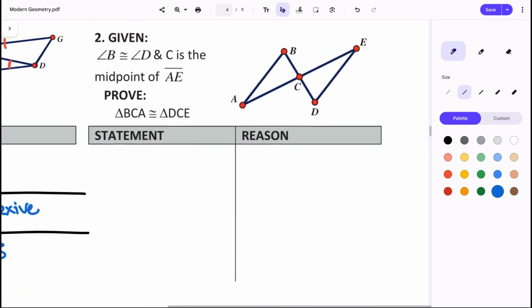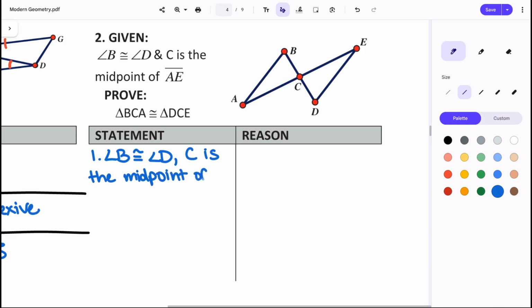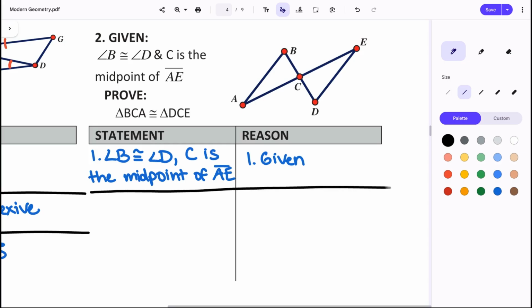Let's take a look at another one. Again, let's all start by copying the given down. Okay, remember the given is free points.